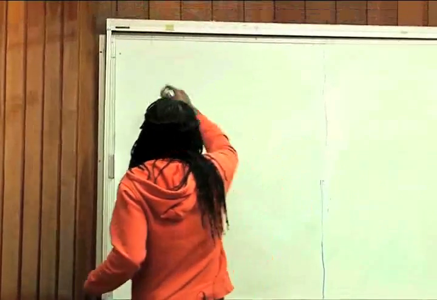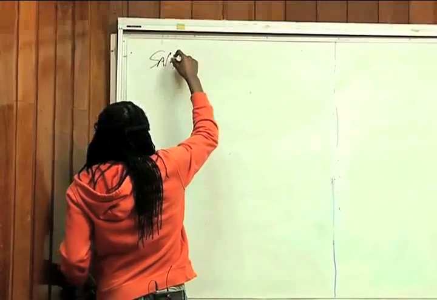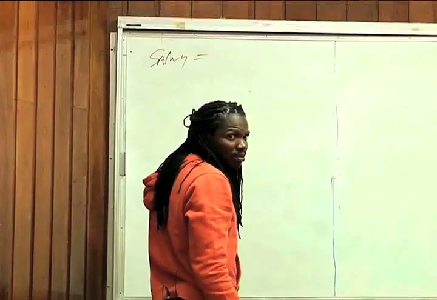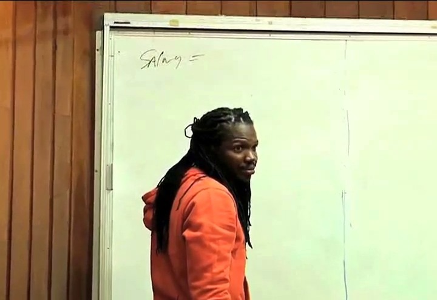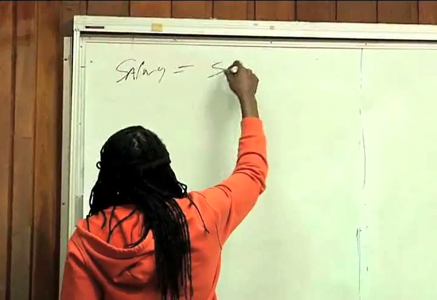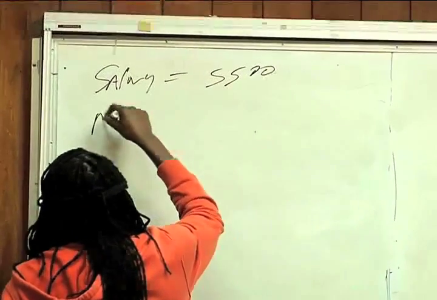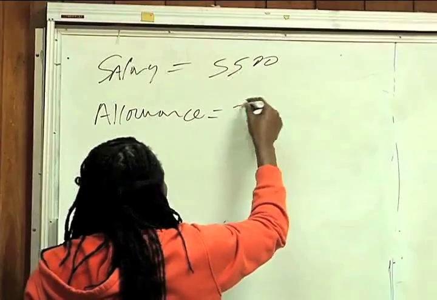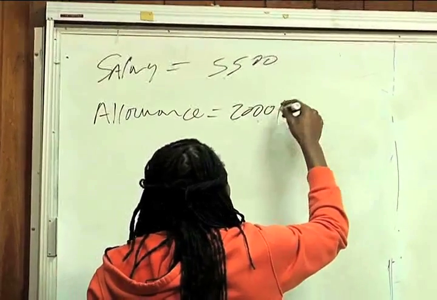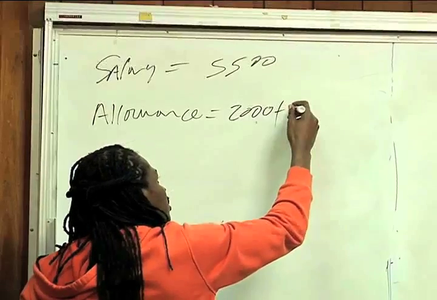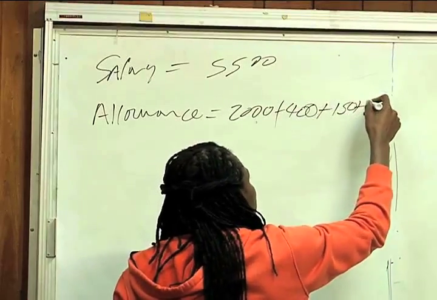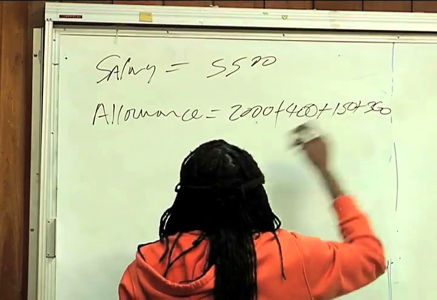So therefore, in this case, what's his salary? $5,500. What's his allowances? $2,910, equal to married allowance 2,000 plus 400 children plus 150 plus 360.